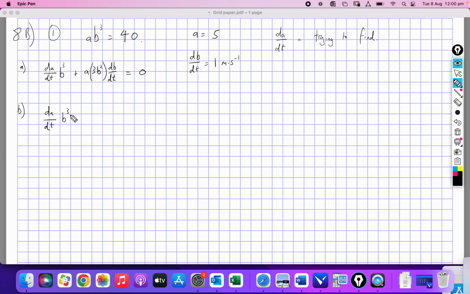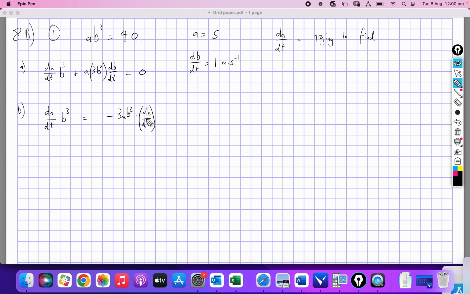Let's do it in 2 steps. So we'll get negative 3ab squared times our dB dt, which I guess because it's question 1, they've made this pretty easy.